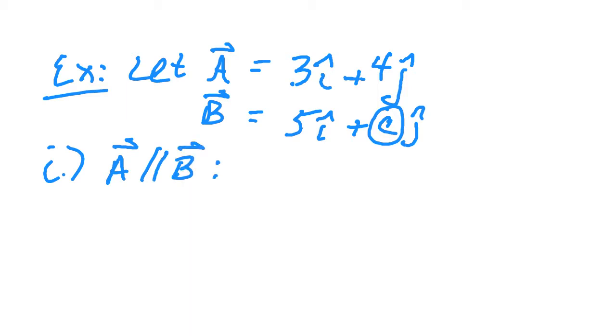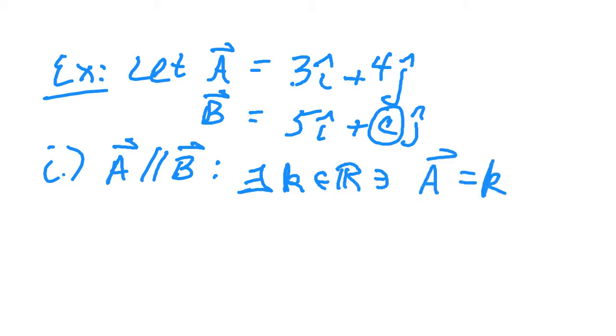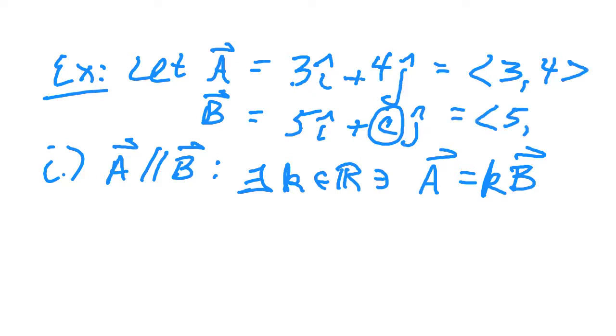Well, what do we know about scalars? A is parallel to B if and only if there exists some constant, an element of the real numbers, such that A vector equals that constant times B vector. I'm going to write this in vector notation: the vector 3, 4 and the vector 5, c.